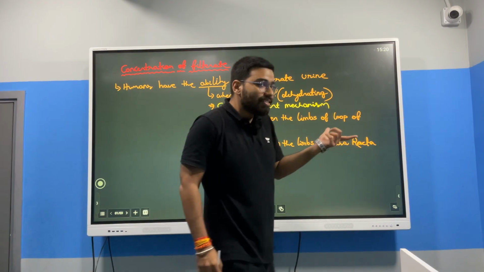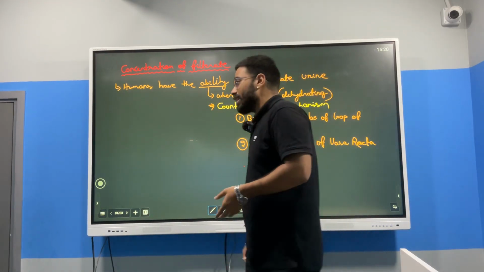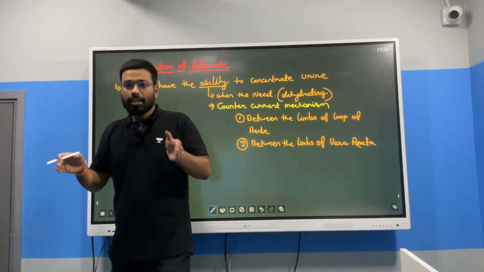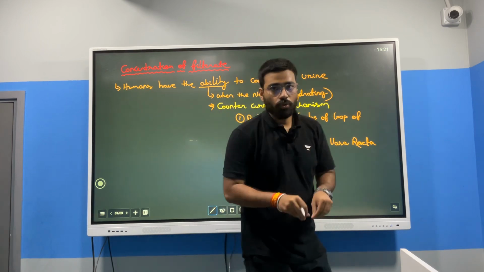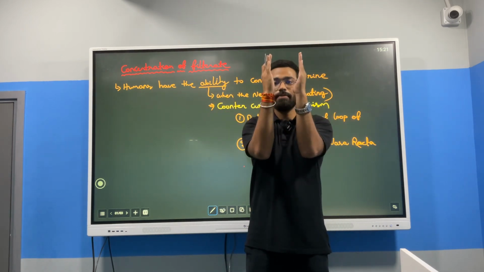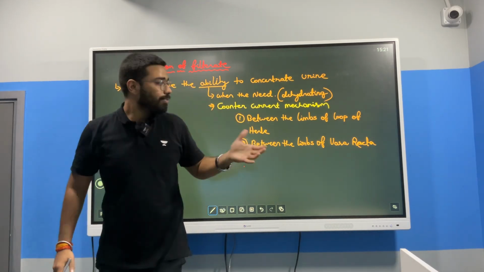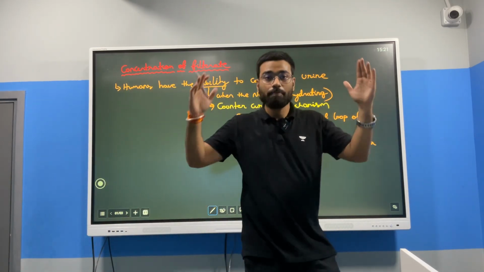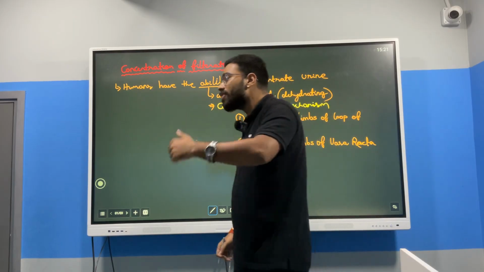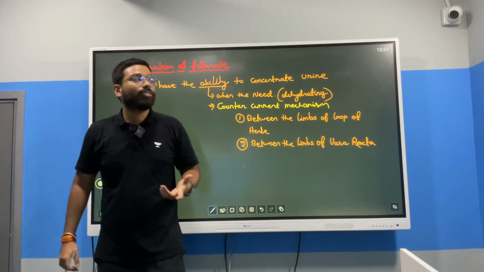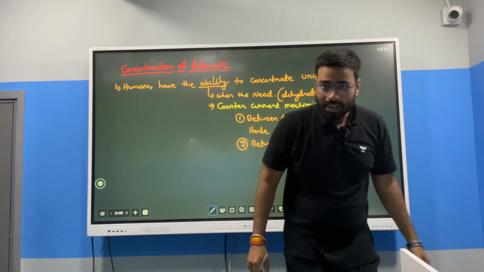Now please try to understand carefully: a co-current or counter current mechanism will only work when the limbs are in close proximity. So two things are very important: the counter current flow between these limbs, and the proximity between these limbs.